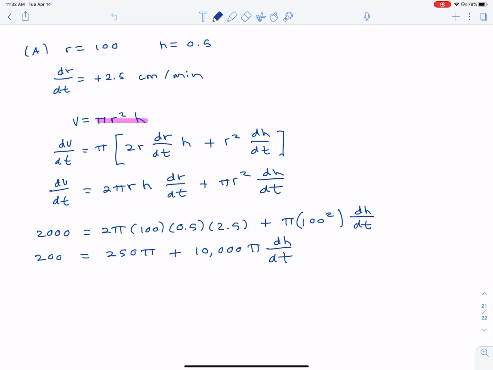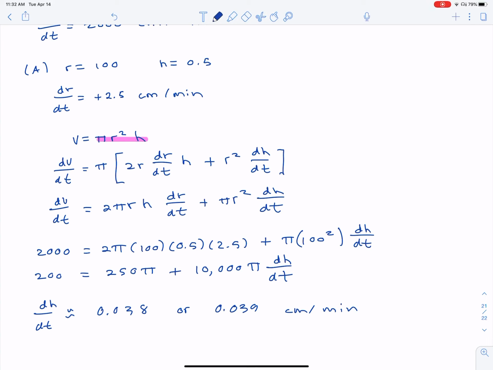I got dh/dt is approximately equal to, and there are two acceptable answers, either 0.038 or 0.039, and the units are centimeters per minute, depending on what you chose. I don't know if they asked for units, but there they are. Okay, let's see.